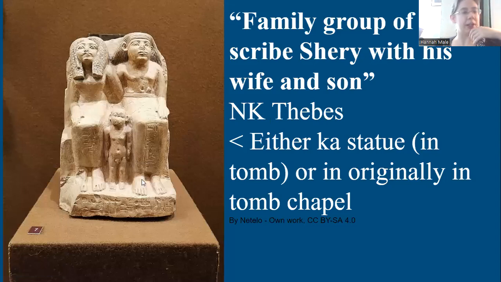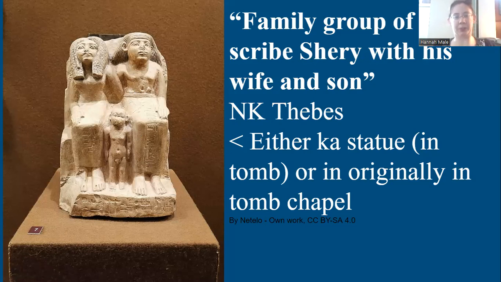This is a type of object and a type of statue that we see in the New Kingdom a lot. So we have these family or pair statues, the husband and wife with their kid or kids. And these could be used in a couple different contexts.